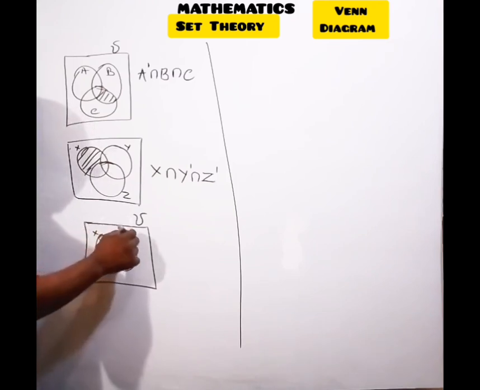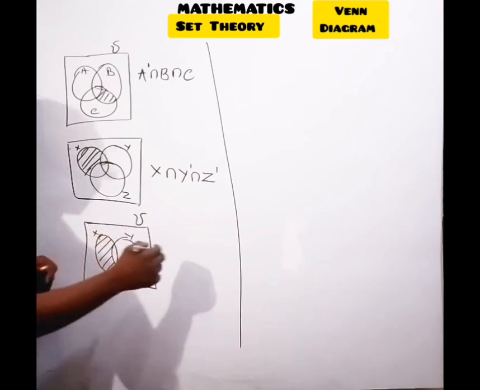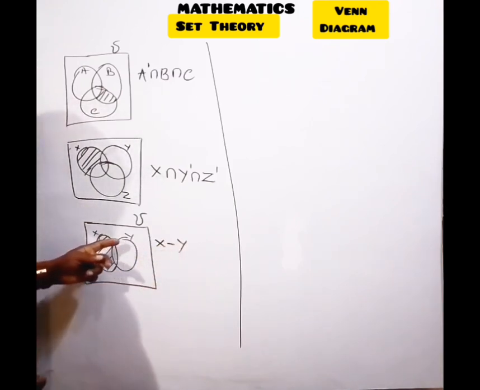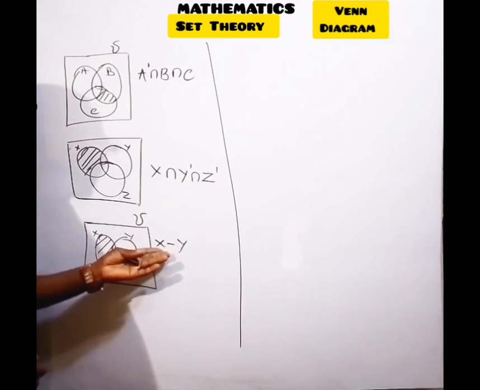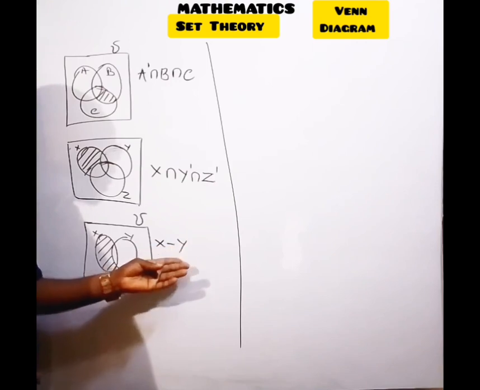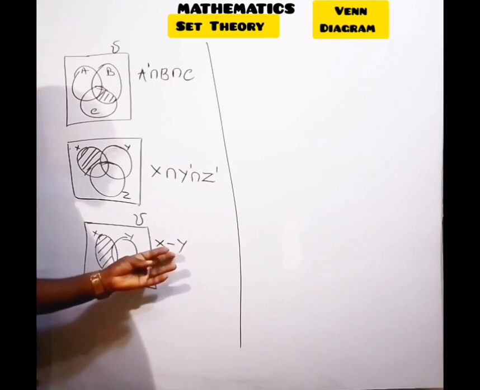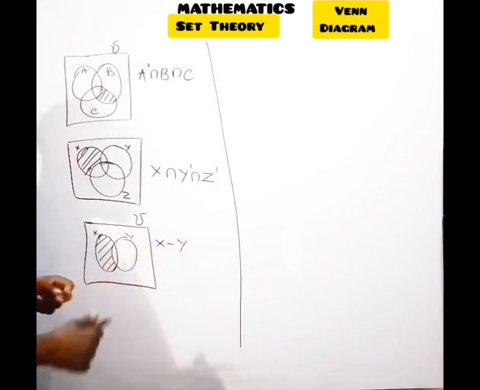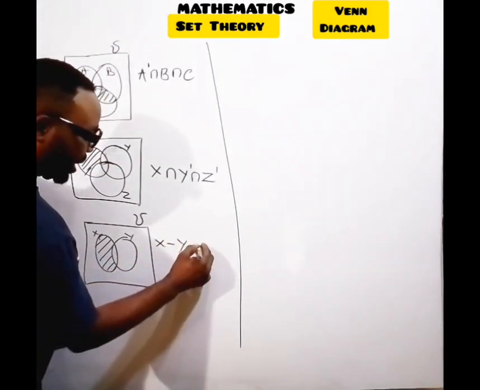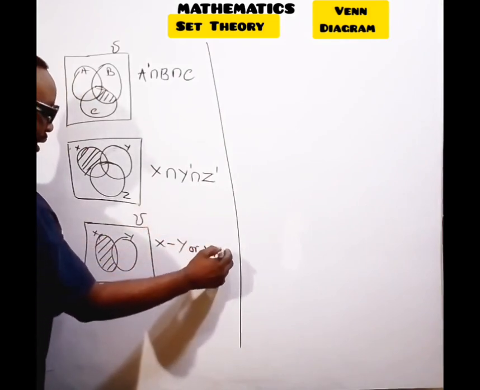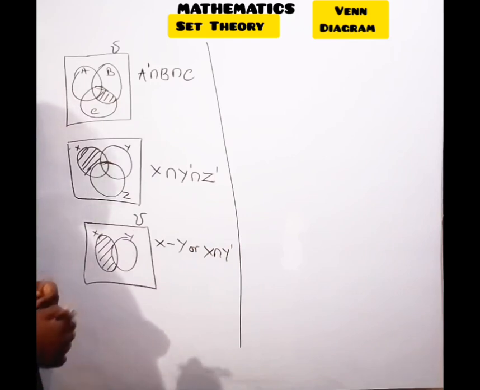This is X, this is Y. This means X minus Y, that is, the values that are found in X excluding anything in Y. This is the difference of a set, which can as well be written as X intersection Y complement.